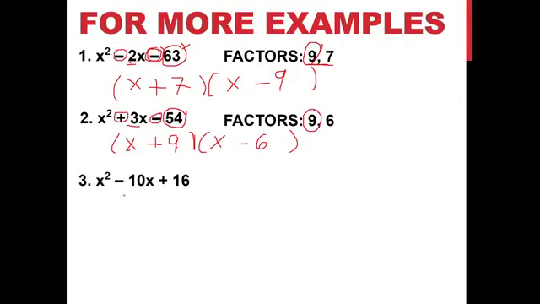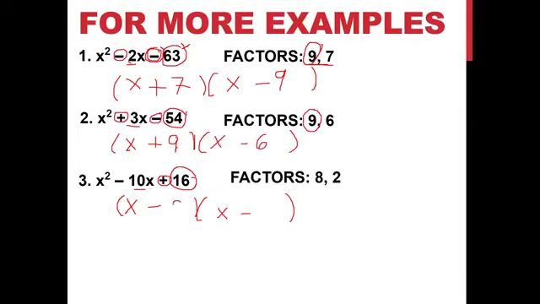Negative, positive. So, the sign is negative, negative. So, X and X. What are factors of 16? When added, it's 10. Correct. It's 8 and 2. So I can write 8 here and I can write 2 there, or I can interchange 8 and 2, no problem. Anyway, both are negative.